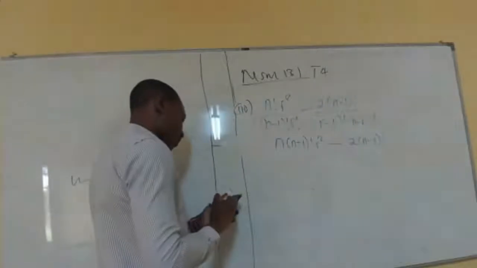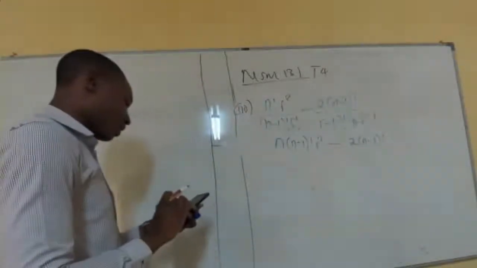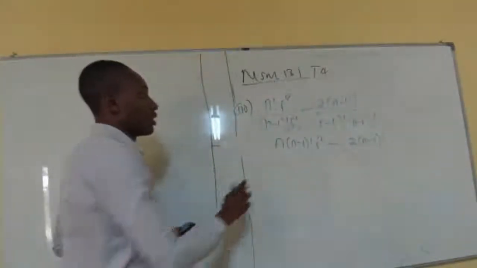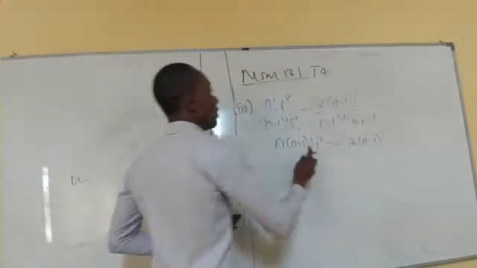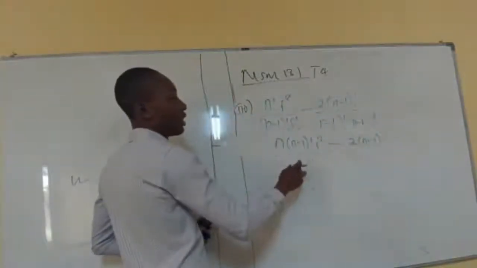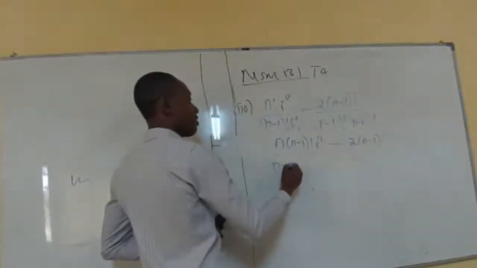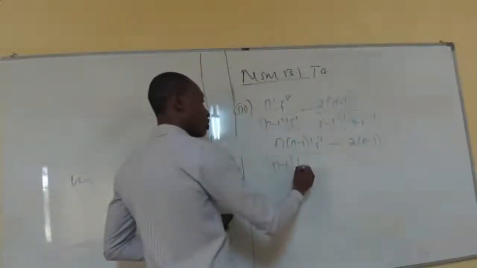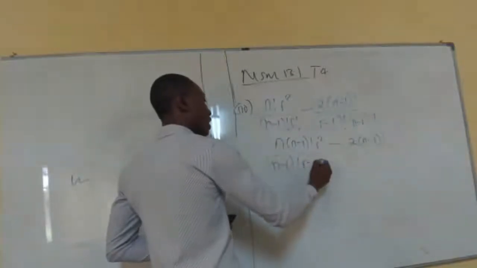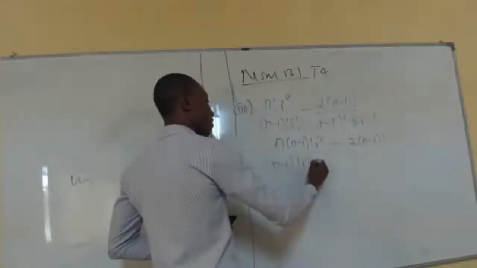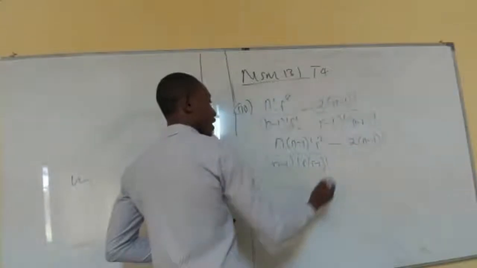In the denominator, r factorial can be written as r times r minus 1 factorial.